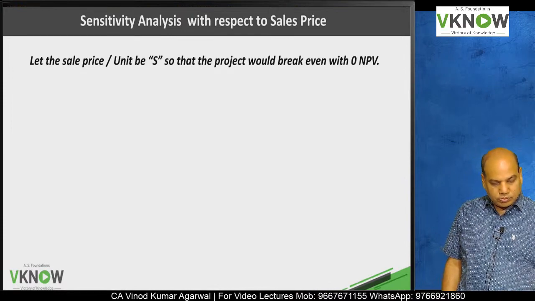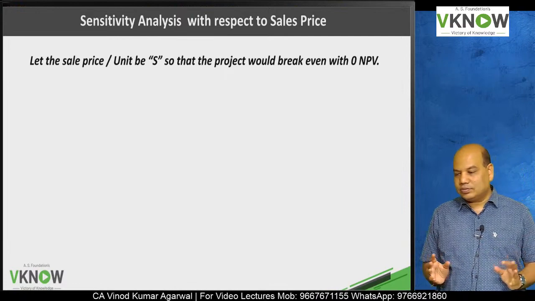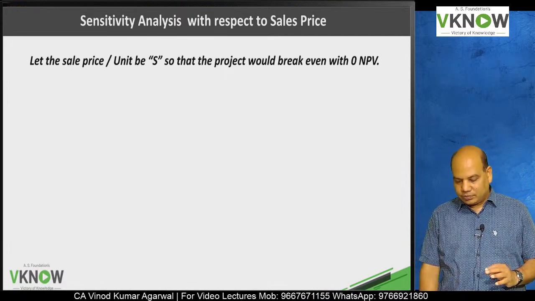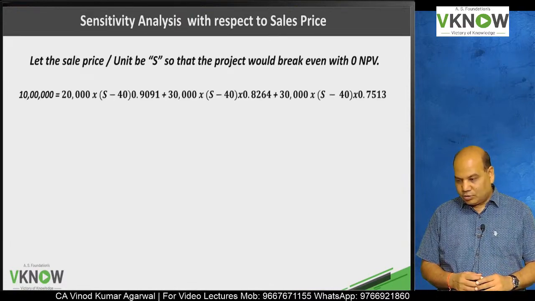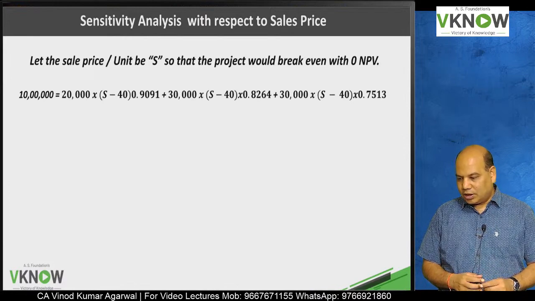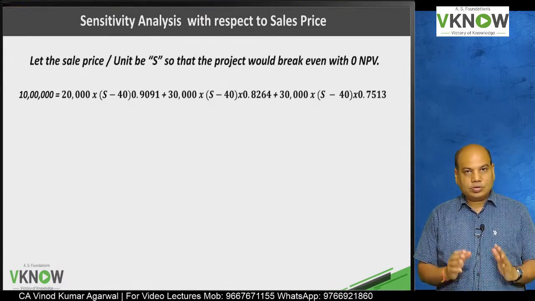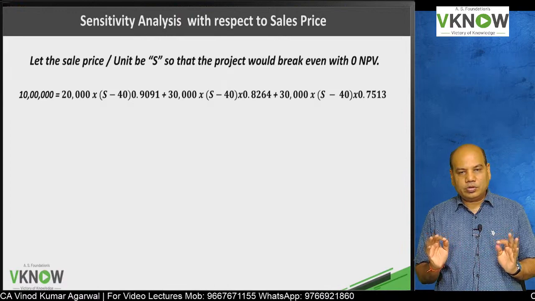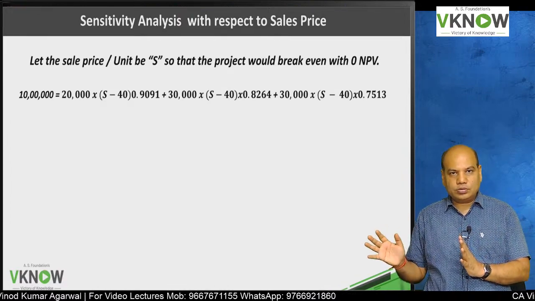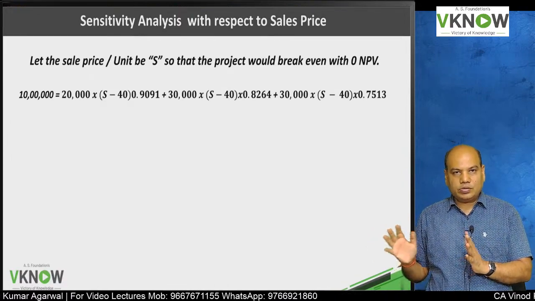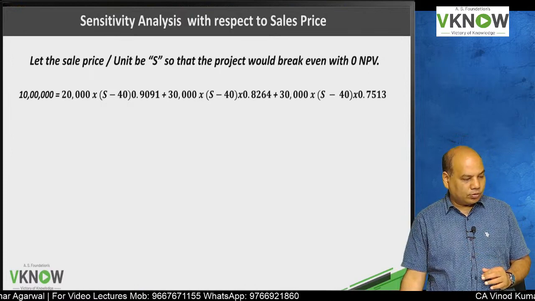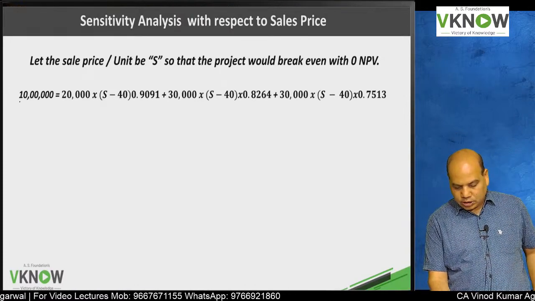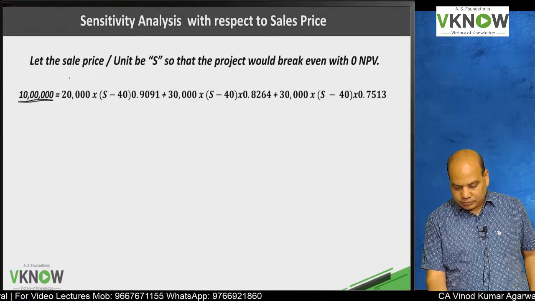You have to solve an equation. Okay, so write down the equation and I will explain it to you. Your NPV will be 0 when PV of cash inflow is equal to PV of cash outflow. My outflow is 10 lakh.